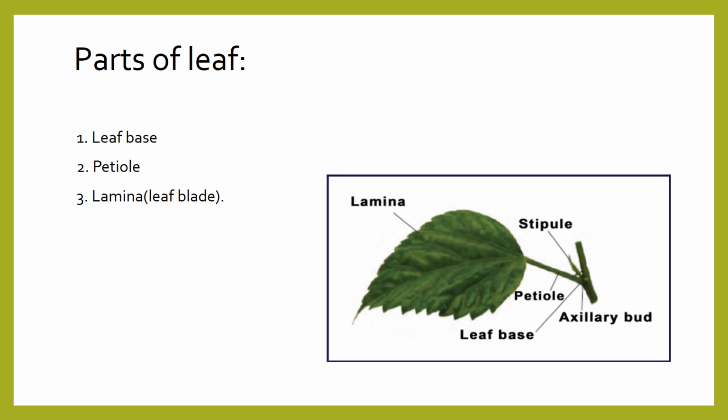What about the parts of the leaf? Leaves consist of three basic parts: number one, leaf base, as you see in the picture; petiole; and lamina, or leaf blade.